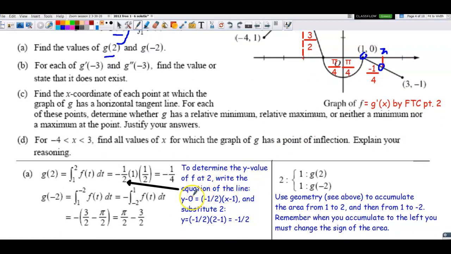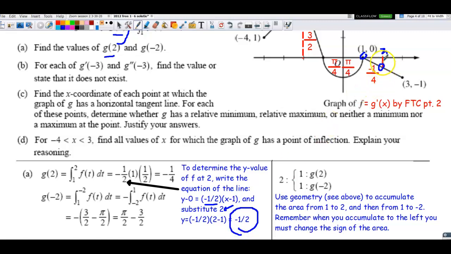So y minus 0 is equal to, I can get the slope of this line by rise over run. So I know the slope is -1/2, and I know I have the point 1, 0. So I can substitute the 0 and the 1 and get the equation of the line, and then I can substitute 2 into the equation of the line and get the y value of -1/2.